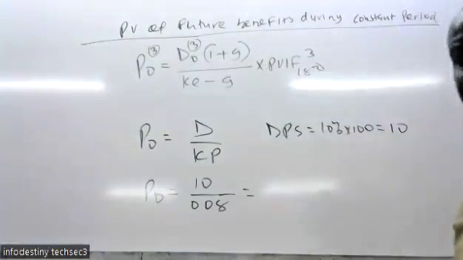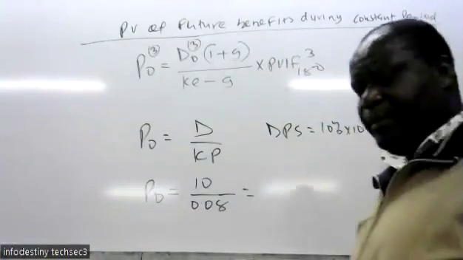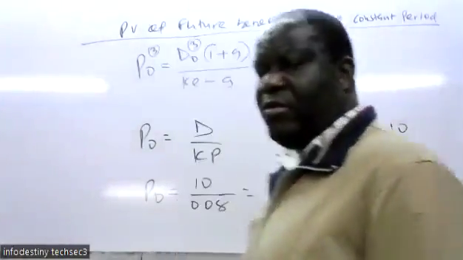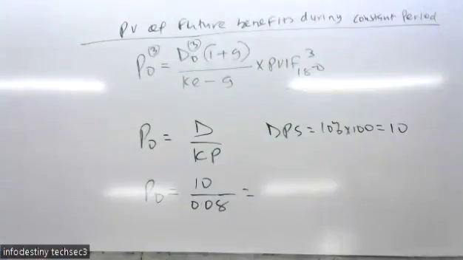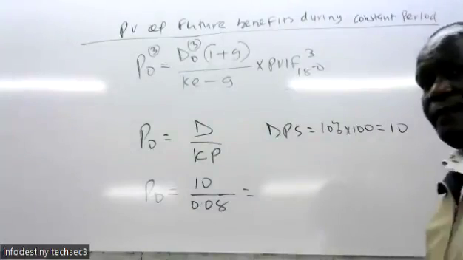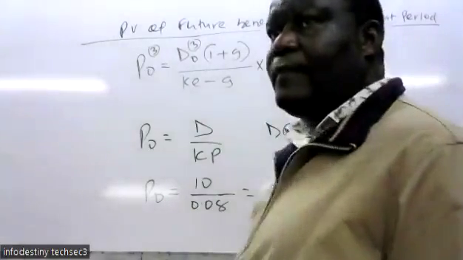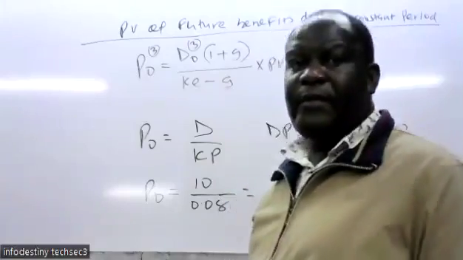So the cost of the preference share is that minimum required rate of return, given as 8%. We now get the value of that particular preference share.